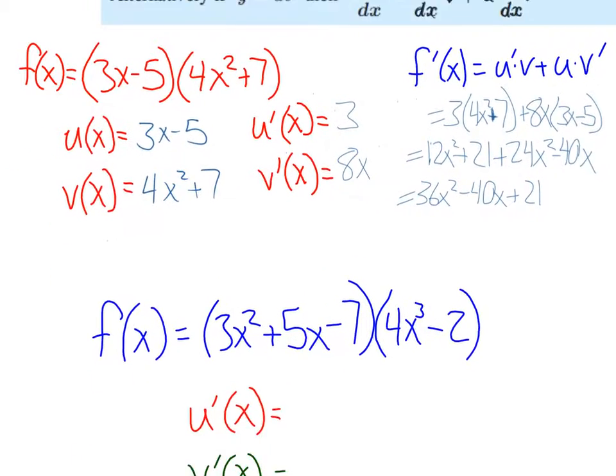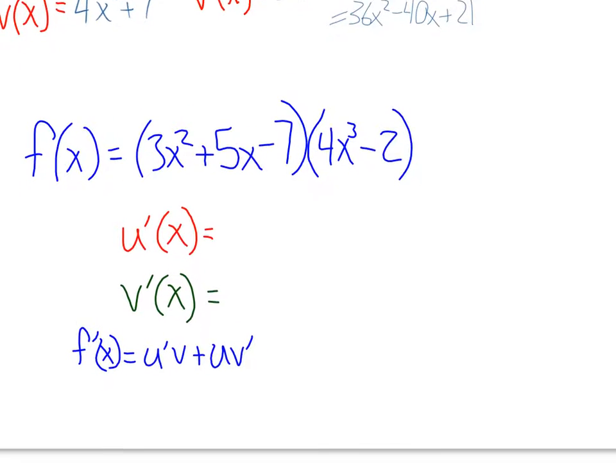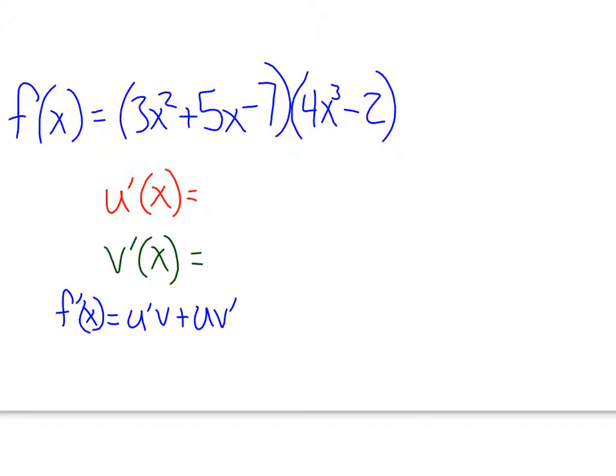For example, in this case, as far as time is concerned, it's probably about the same, whether you FOILed it out from the beginning and then took the derivative, or whether you do the product rule, okay? But let's use the product rule for this one, just for the practice, okay?